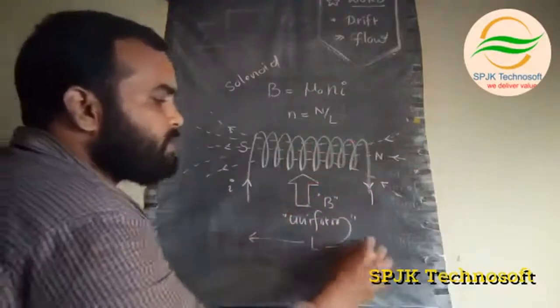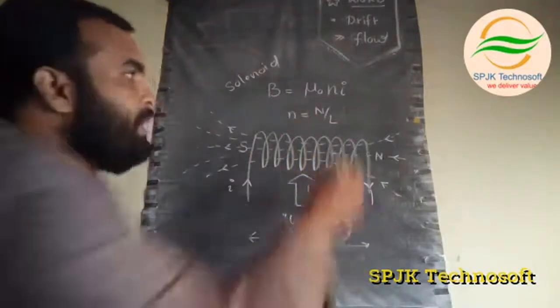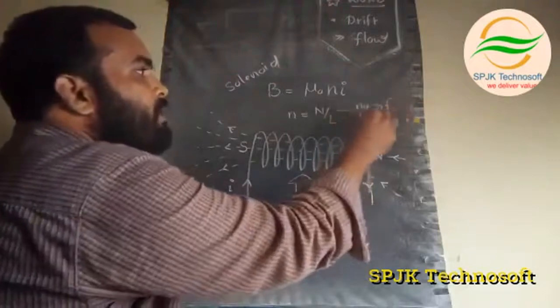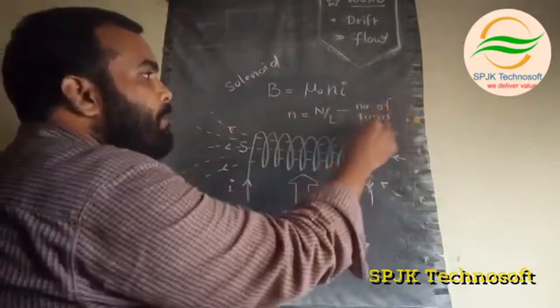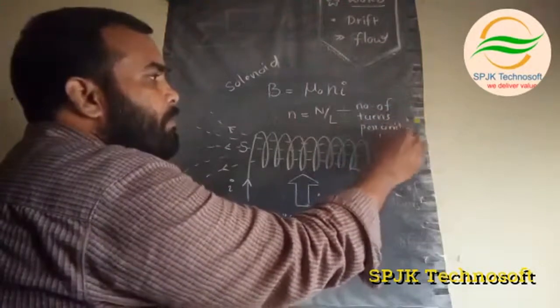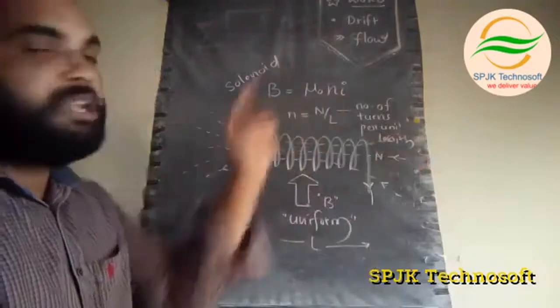Small n is called the number of turns per unit length.